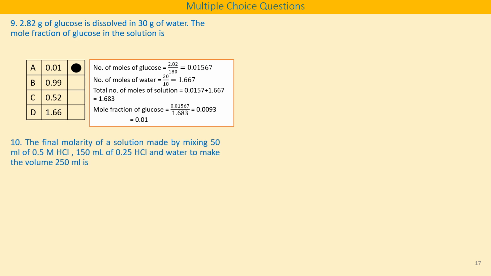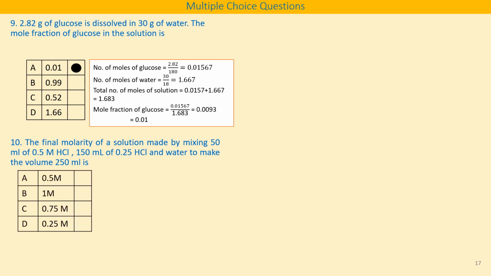The final molarity of a solution made by mixing 50 ml of 0.5 M HCl, 150 ml of 0.25 M HCl and water to make a volume of 250 milliliter is. Please read the question again and mark the correct answer given in the option table.